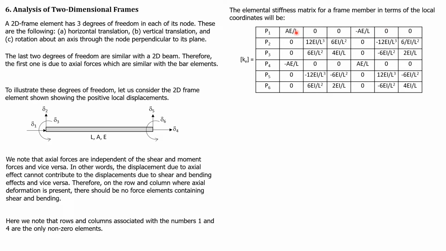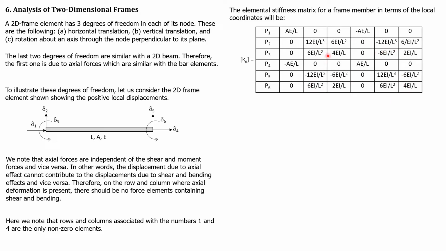Then we have AE over L. Remember for bars, we have AE over L. Then 0 for the rest. Then negative AE over L for column 4 or row 4. And for the other numbers 2, 3, 5, 6, it will be the same as that of the beam element.